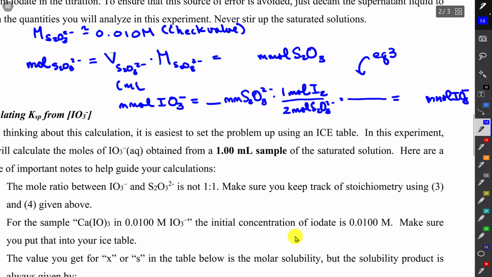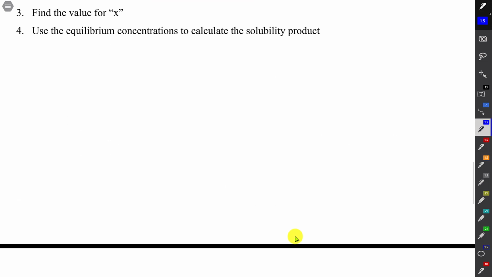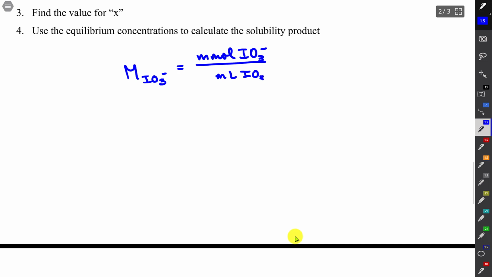Okay, so having done that, you need to have the molarity to do your calculation. So the molarity of IO3 minus is simply the millimoles of IO3 minus divided by the milliliters of solution containing iodate.